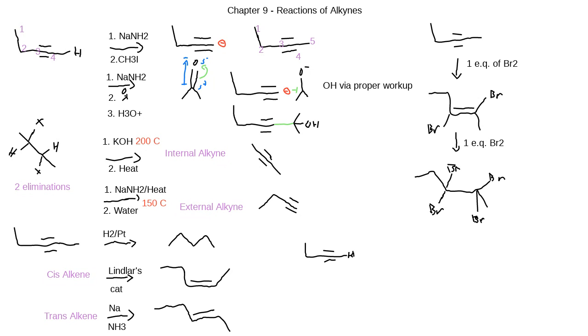This is 1 equivalent. So, like I said, it's going to be Markovnikov. So we are going to break our double bond and add bromine at the more substituted side, which is going to be on the left side.